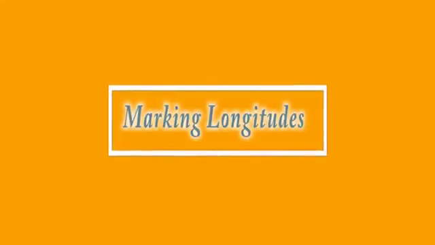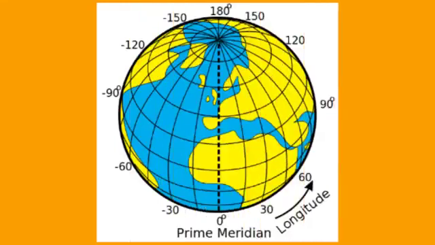Marking longitudes. The longitude running through the Old Royal Observatory at Greenwich near London is marked 0 degrees. It is called the Greenwich meridian or the prime meridian. There are 360 degrees of longitude, 180 degrees of longitude east of the prime meridian and 180 degrees of longitude west of the prime meridian.